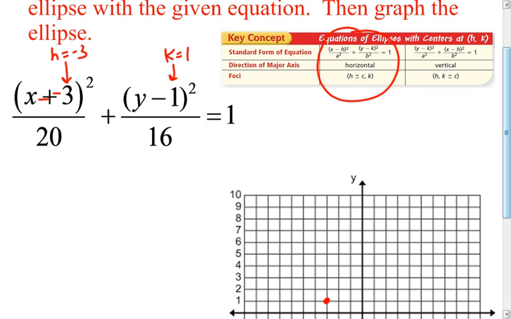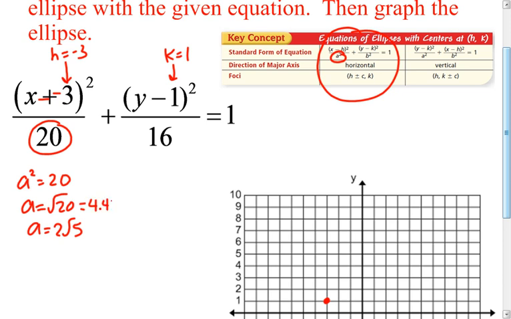If you look at your formula, here's your a squared. So a squared is 20, which means a is the square root of 20, which is also 2 root 5. In order to make that on a graph, you kind of need to know the decimal value for the square root of 20, and the square root of 20 is 4.47. Just so you know, the only reason you want that is to be able to plot your points more accurately on your graph.